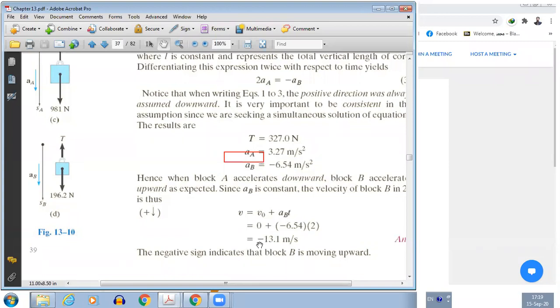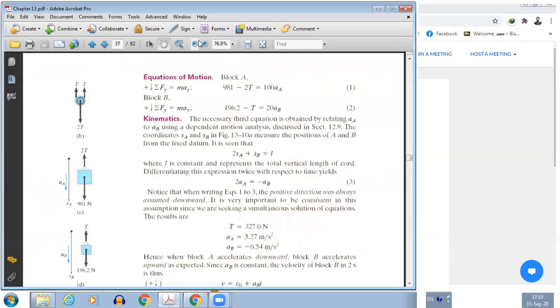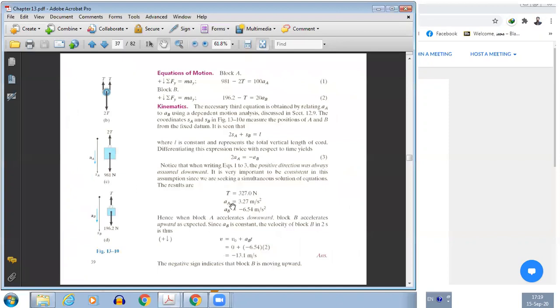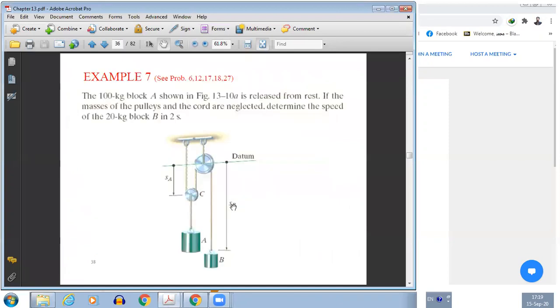Okay. If it is not clear, please feel free to ask the point which is not clear. Okay, so the solution is done.